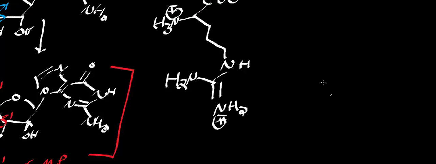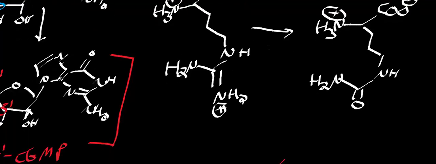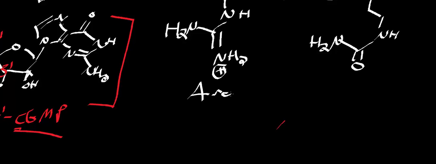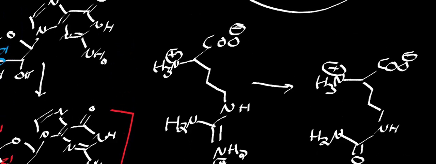So what you're going to end up with is this. Let me draw it over here. Effectively, arginine gets converted to nitric oxide, okay? So this is arginine right here. If you haven't seen the urea cycle yet, this molecule right here is citrulline. It's an amino acid, so we call it L-citrulline, right? But effectively, your leaving group is going to be nitric oxide.